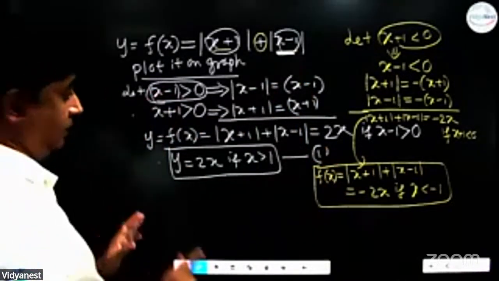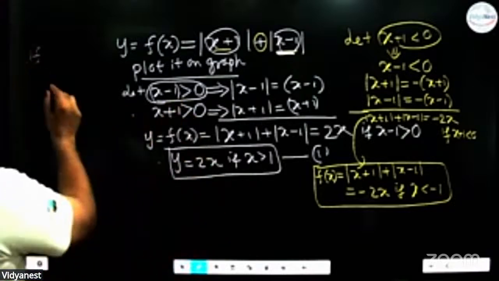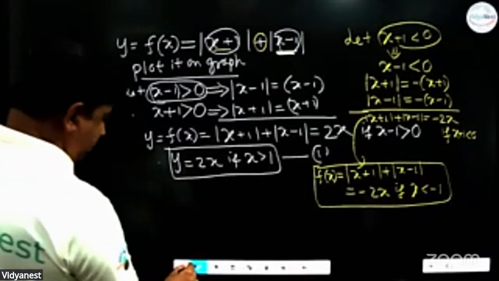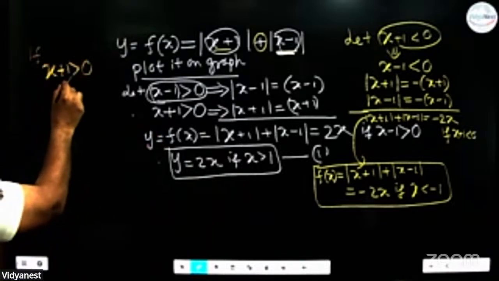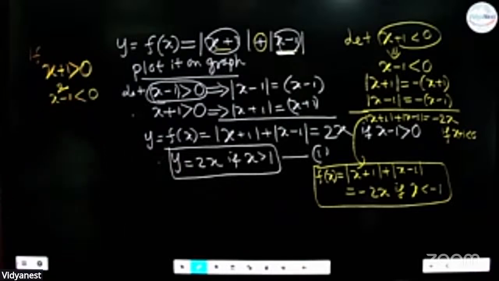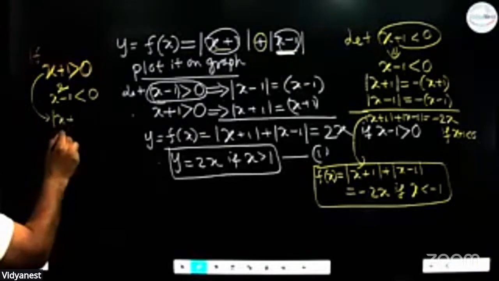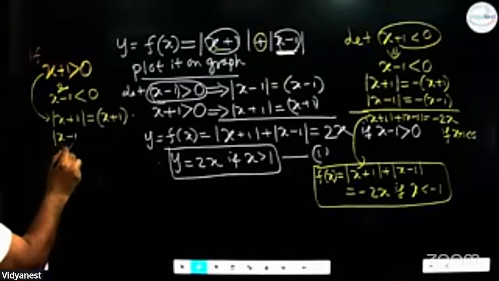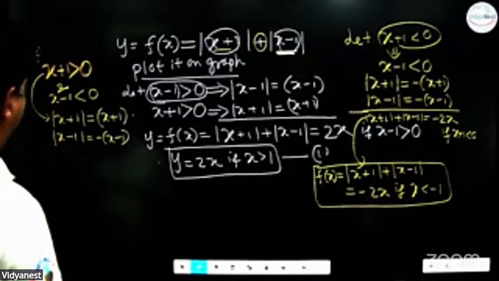So we will choose that, if x plus 1 greater than 0 and x minus 1 less than 0, in that case mod x plus 1 will remain with plus sign, mod x minus 1 will remain with minus sign.